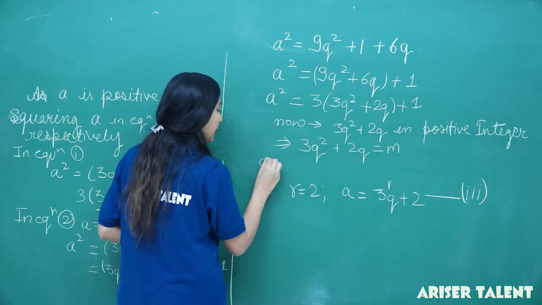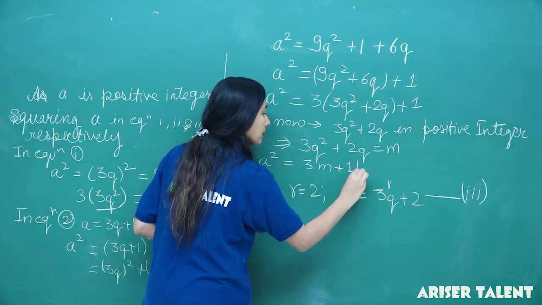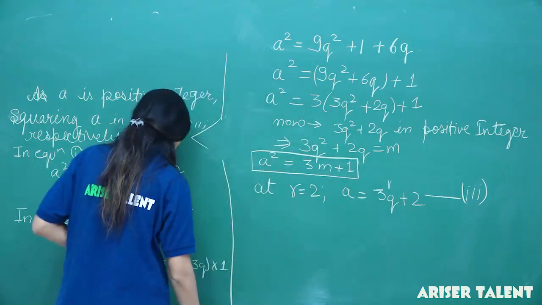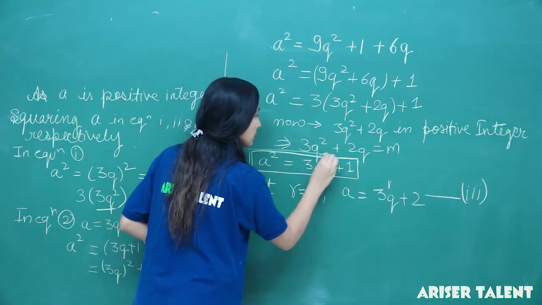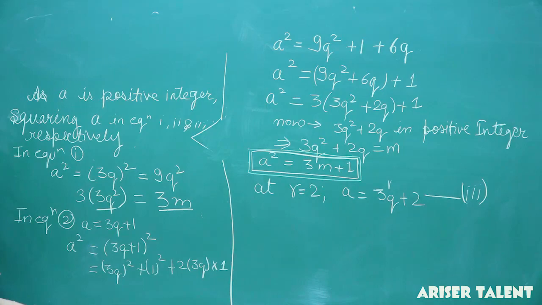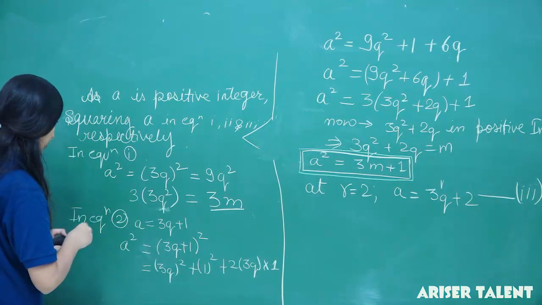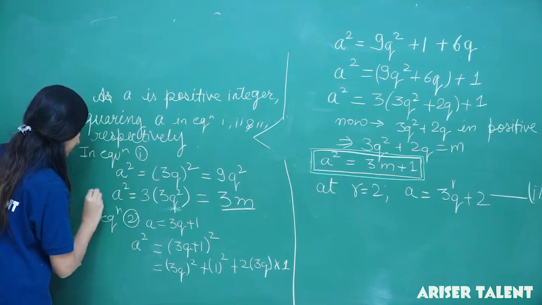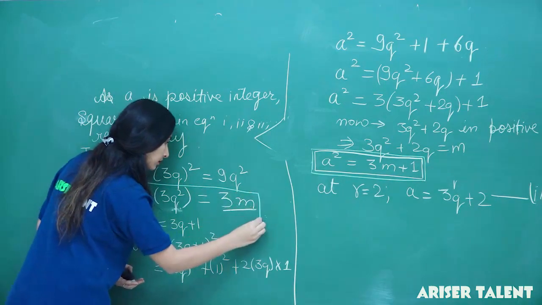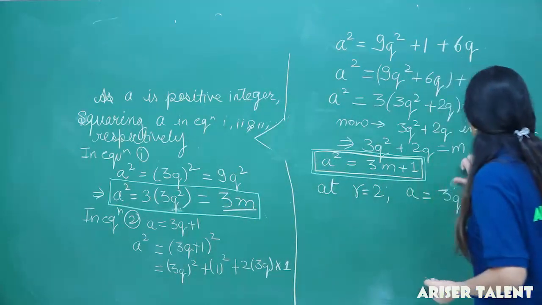So you will get a square equals 3m plus 1. Okay, and this one you got here. Now this is the equation 3.